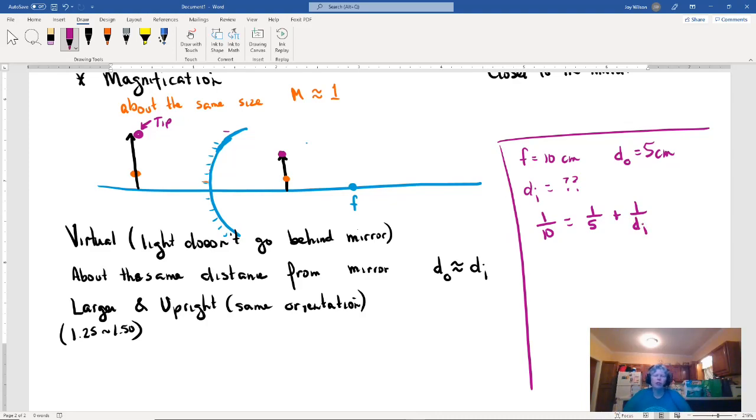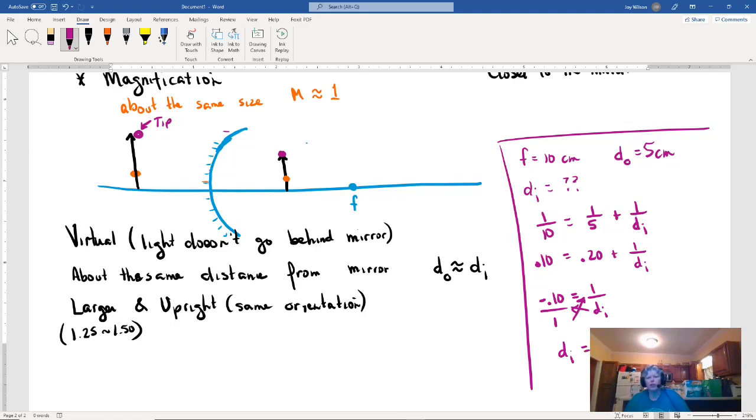Alright, so I'll do that. This is 0.10. This is 0.20. It's 1 over di. So we get negative 0.10 equals 1 over di. So I put this over 1, cross multiply and solve. You guys are all pretty good at that now.